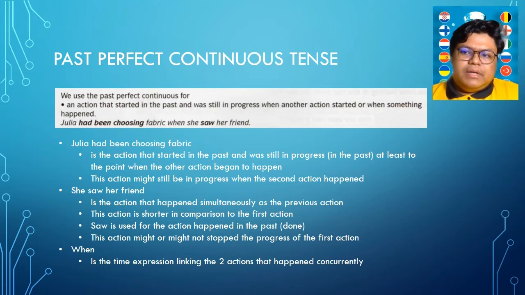Okay, so is used saw. The verb saw is used for the action that happened in the past. Okay, maksudnya action yang kedua tu dia berlaku dan dah selesai dah. Dia berlaku dalam kadar yang singkat. Dia tak macam yang tadi, because yang tadi still in progress, masih lagi dalam progress.